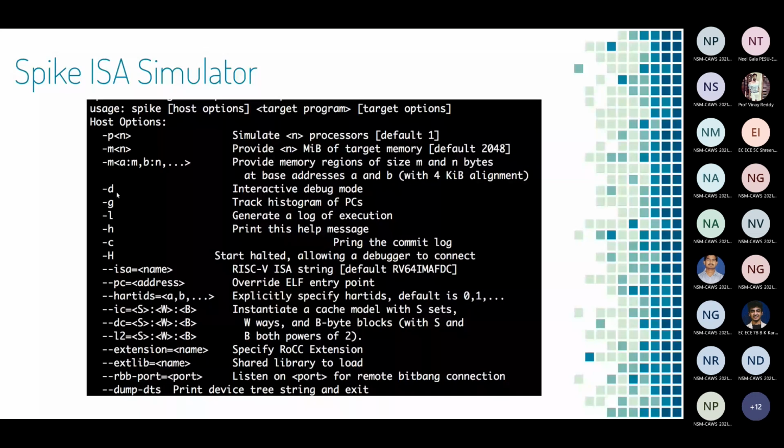Right? Then you have the -d, which is the interactive debug mode. You can pause the program at any point and go ahead and poke at the register file, see what the register values are, see what the CSR values are, and all of that. It will be very useful when you're debugging, because when we have an operating system, we use printfs to debug, right? We use them very generously.